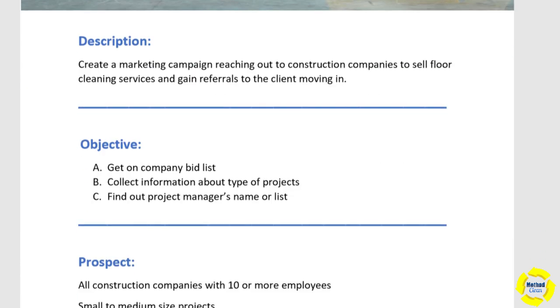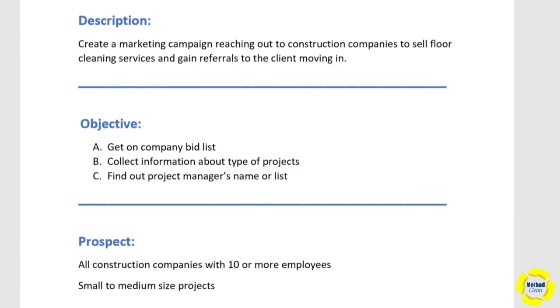So a good way to start is to just map out our strategy, starting off with our description. This is our goal. This is our objective. We're creating a marketing campaign to reach out to construction companies to sell floor cleaning services. And really the end goal is to get referrals to the client moving in.